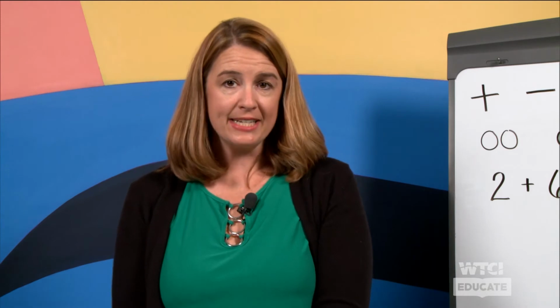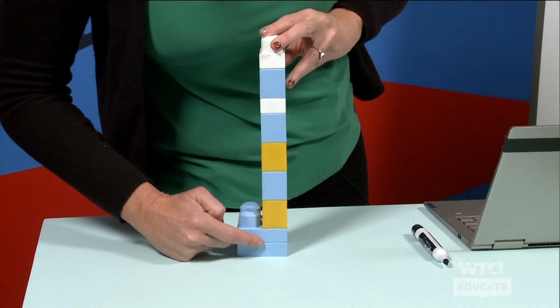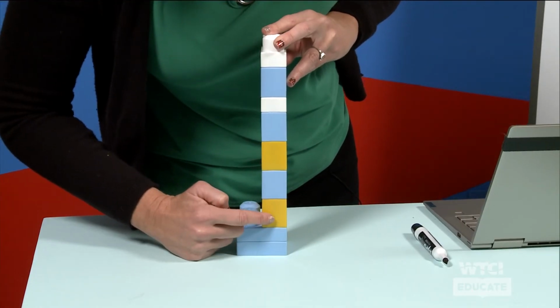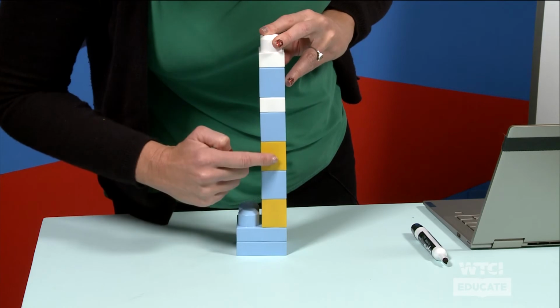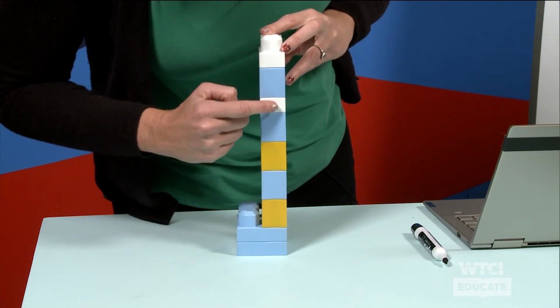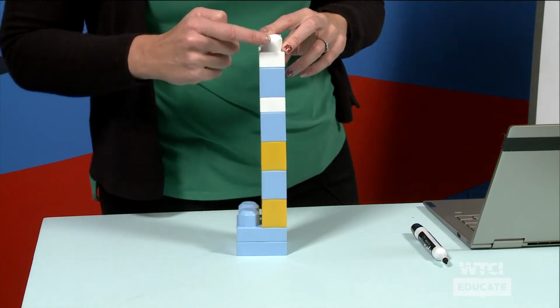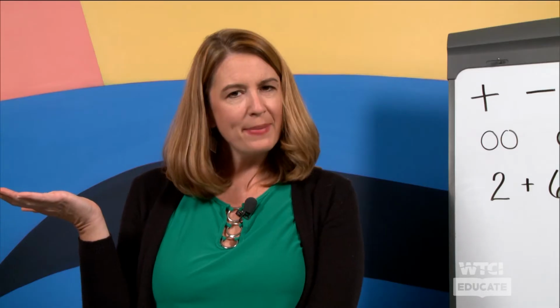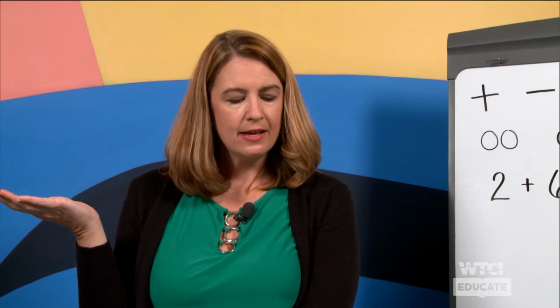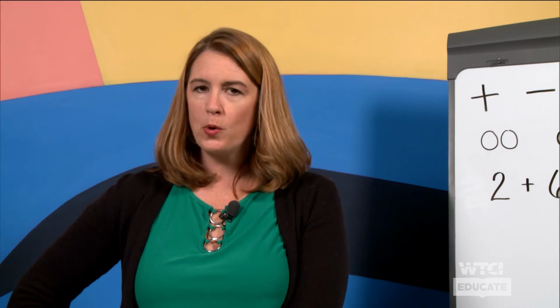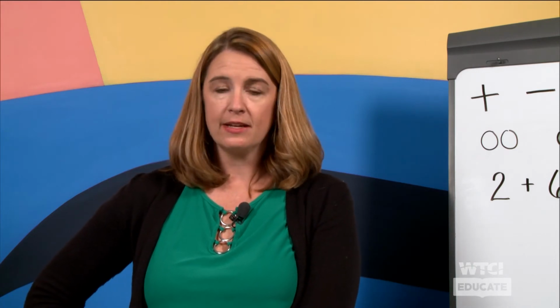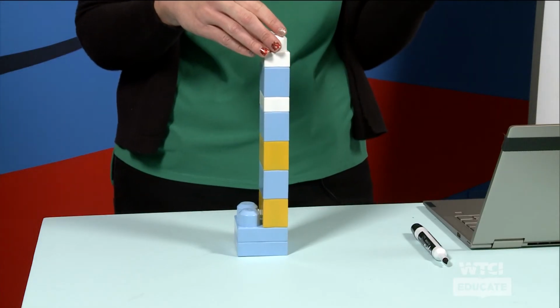My story said my tower has 9 Legos, so let's count and make sure there are 9 Legos in my tower. 1, 2, 3, 4, 5, 6, 7, 8, 9. What happened next in my math story? My sister takes 4 of my Legos. All right, so what should I do?